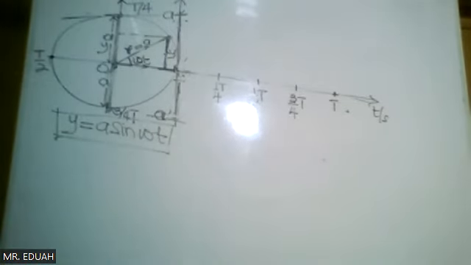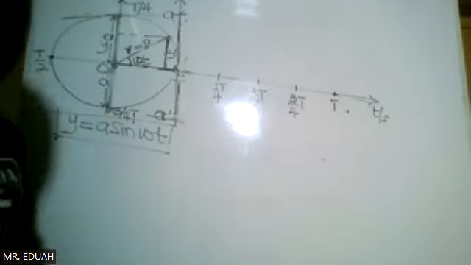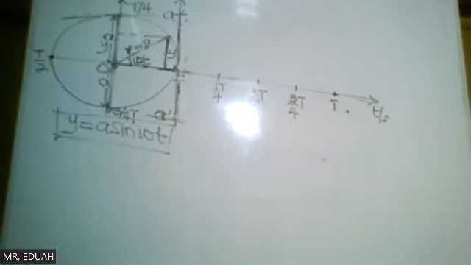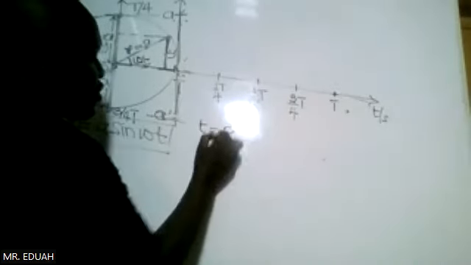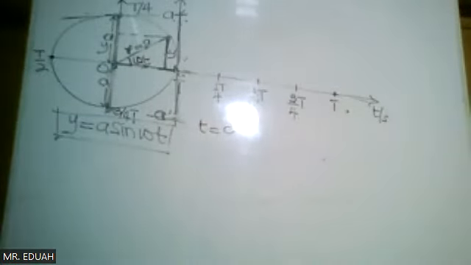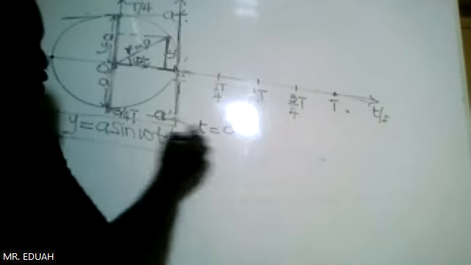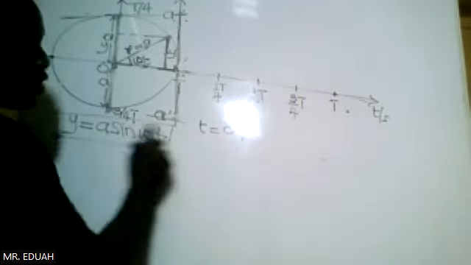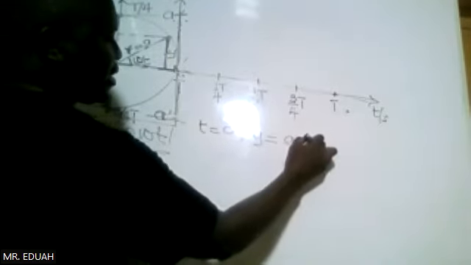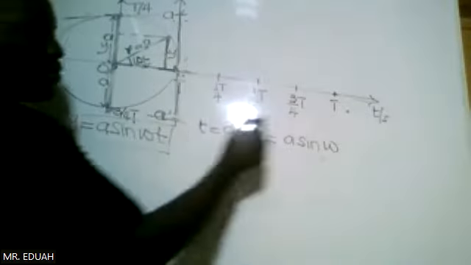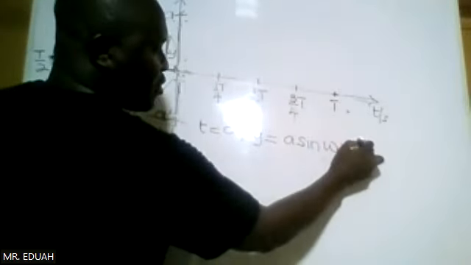Now we are going to calculate the displacement. At t equal to 0, what is the displacement? This is what we are going to use. When t is equal to 0, y will be equal to A sine omega t, and t is 0.